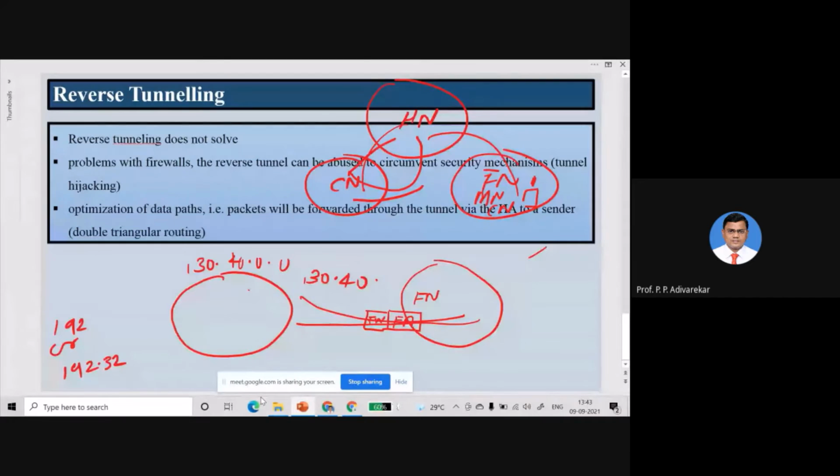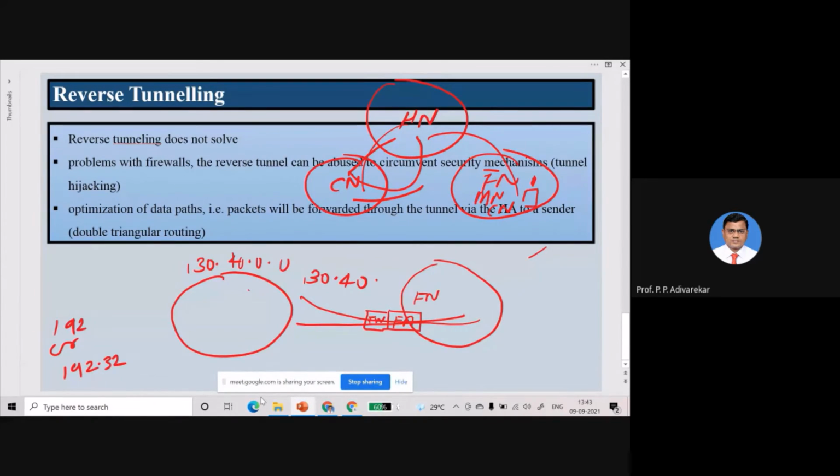So this is nothing but triangular routing. That means if the mobile node and correspondent node are present in the same network, the same procedure of tunneling still happens and the triangular routing problem is created. The call should not go to the US, because if caller and callee are both in the same network, that is the simple example of triangular routing.